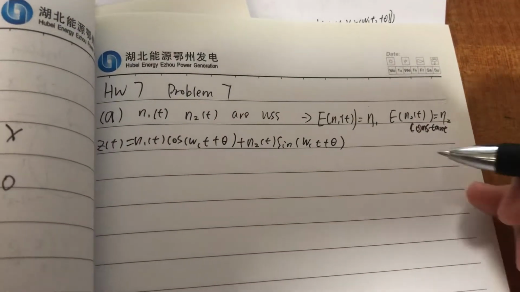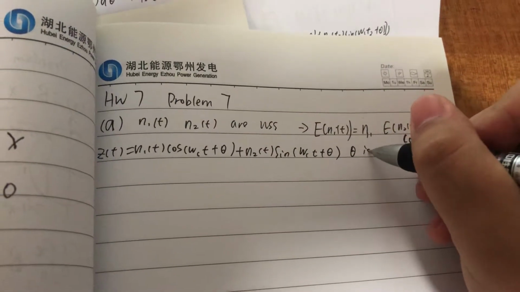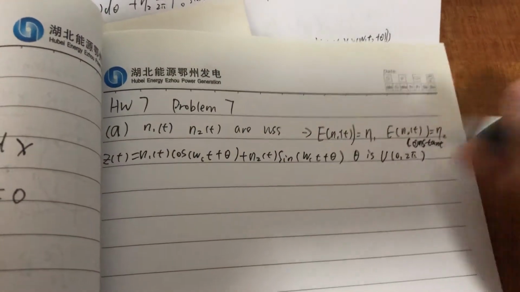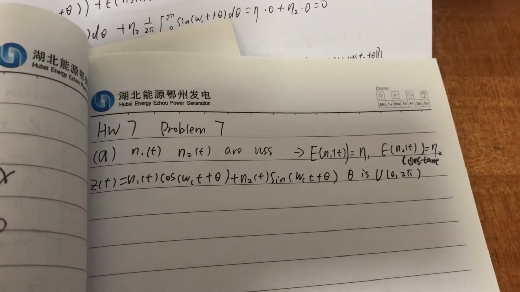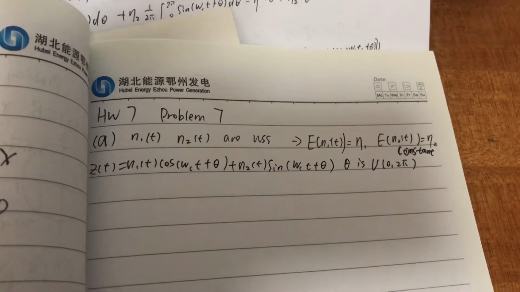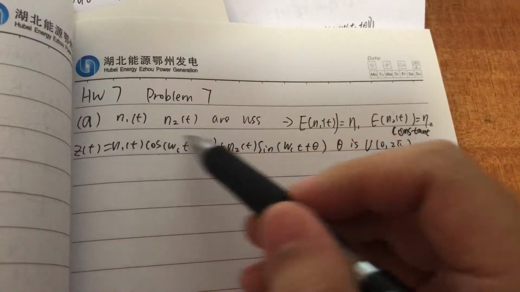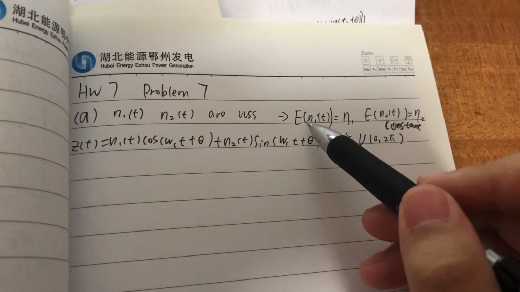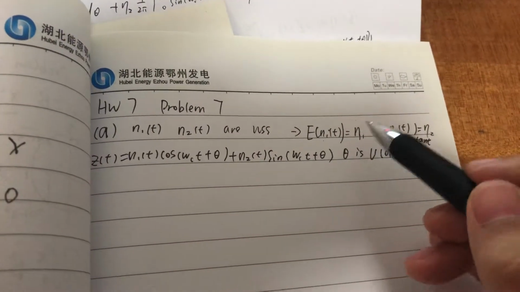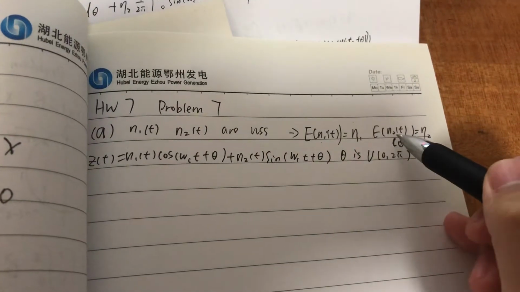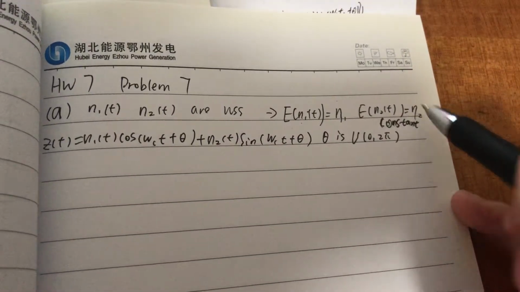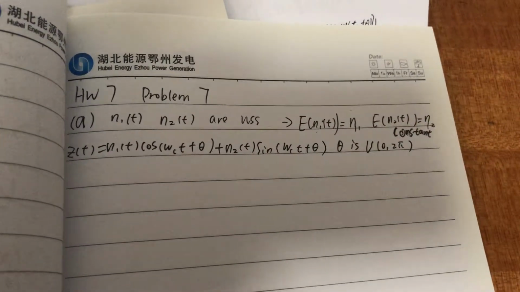Theta is uniform in this interval, and N1(t) and N2(t) are WSS, which means, according to the lecture, that the mean of N1(t) equals mean 1, and the mean of N2(t) equals mean 2, and the two numbers are constant.